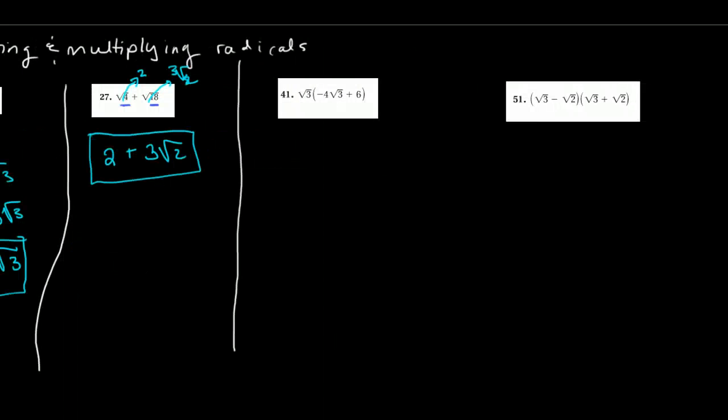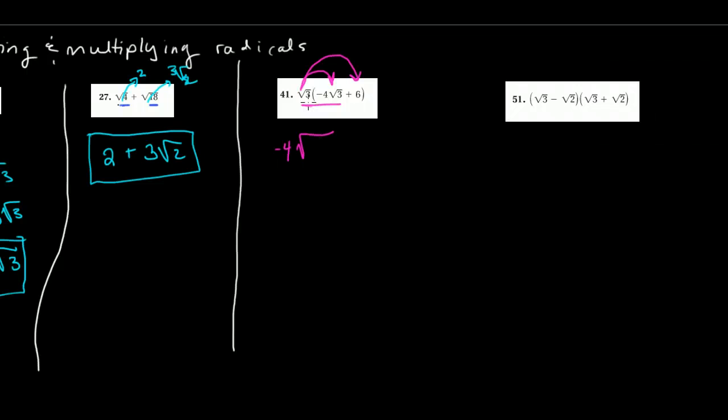Here we have the expression radical 3 times the quantity negative 4 radical 3 plus 6. And this works just like problems we already know how to do. We would have to distribute that. So the integer part is going to just stay out in front of the radicals. And now I have radical 3 times radical 3.